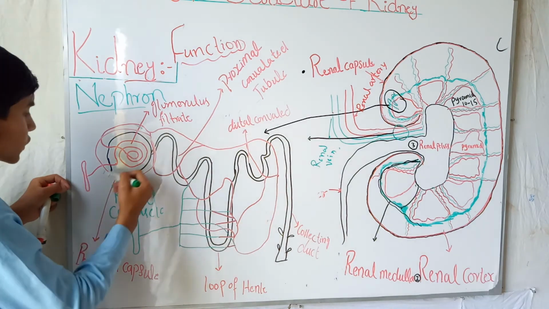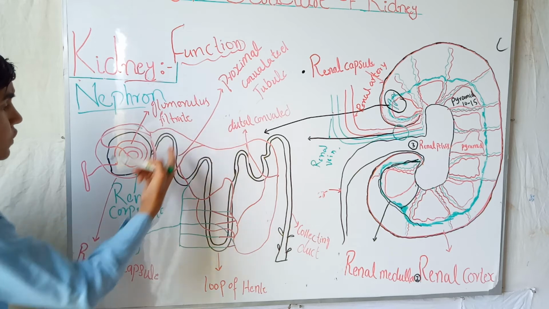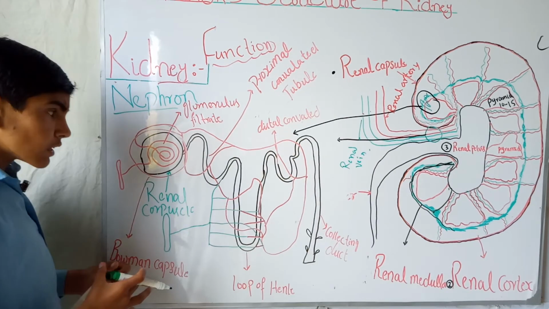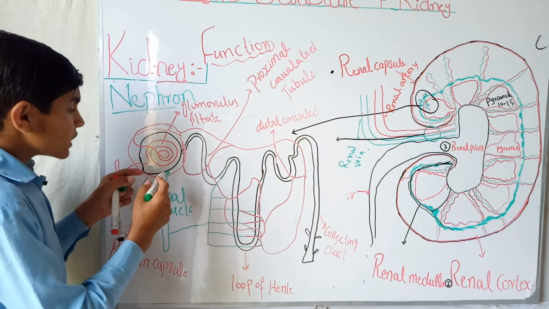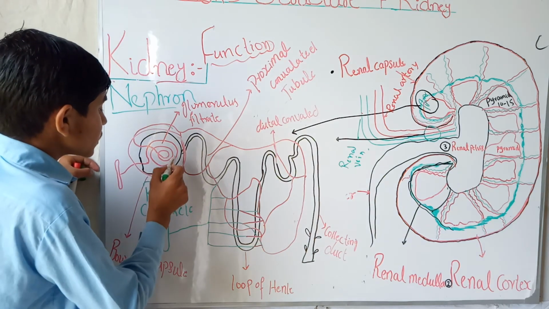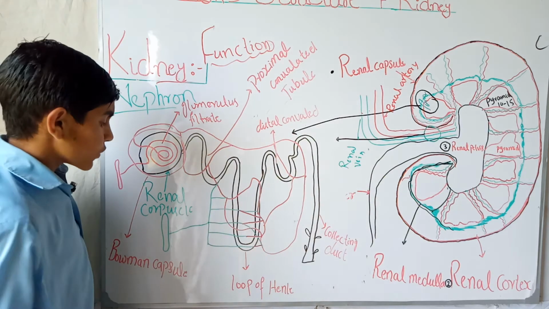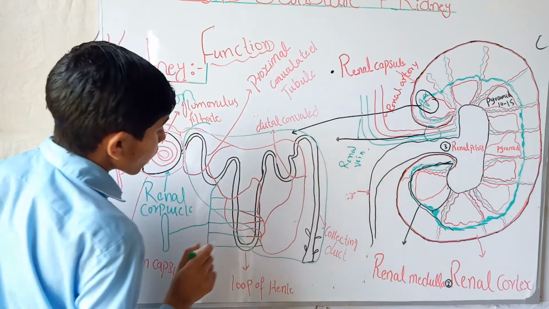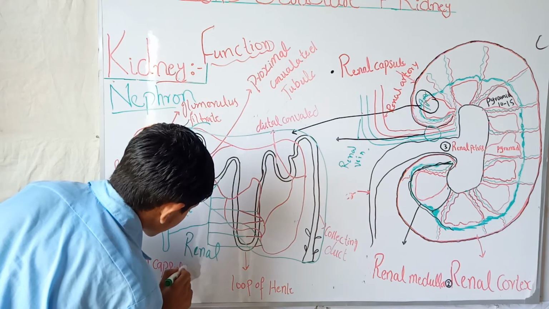The blood enters the Bowman capsule and then enters the glomerulus, and in the glomerulus the filtration function occurs, in which there are filters which filter the blood and remove the toxic material, nitrogenous wastes, from the blood, and these then move to the next part, which is called the renal tubule. So this whole part from here to here is called the renal tubule.